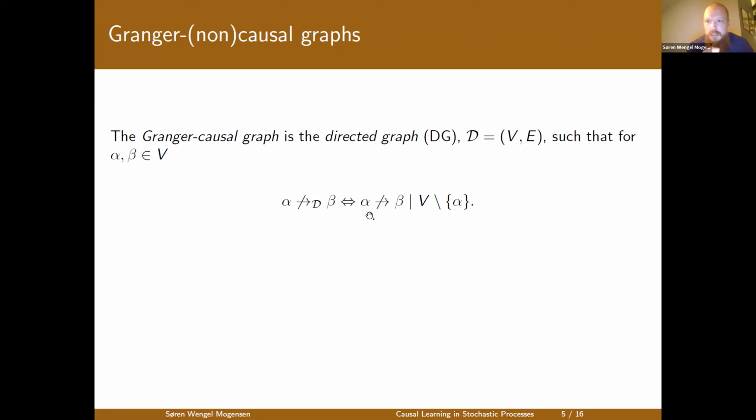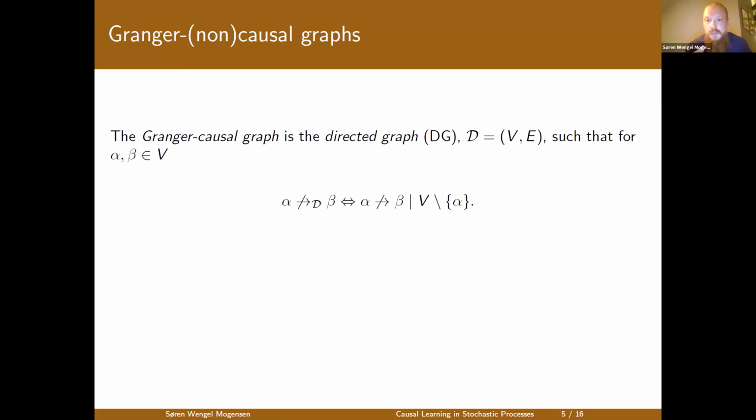Maybe I should say that the thing on the right-hand side of the biimplication is a Granger non-causality statement, right? So this is saying that alpha is Granger non-causal for beta when I condition on everything but alpha.